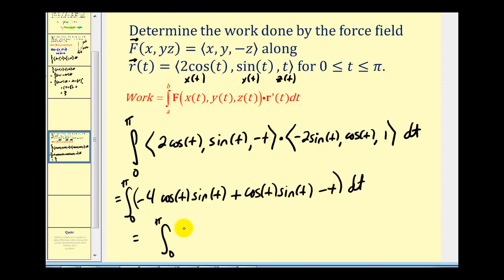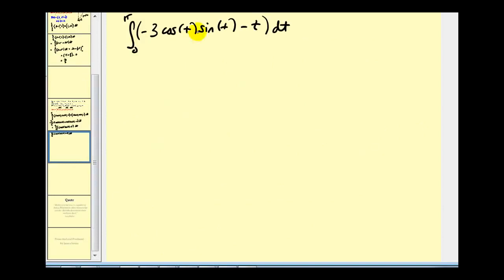Let's go ahead and combine our like terms. We have negative 3 cosine t sine t minus t. And let's go ahead and finish this on the next page. And to integrate this, let's go ahead and let u equal cosine t.